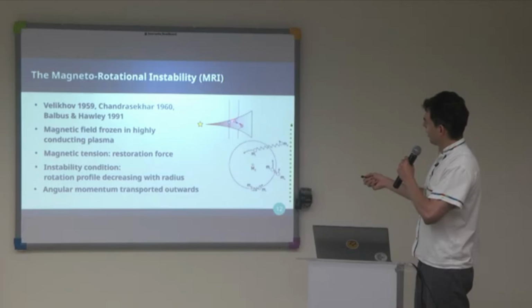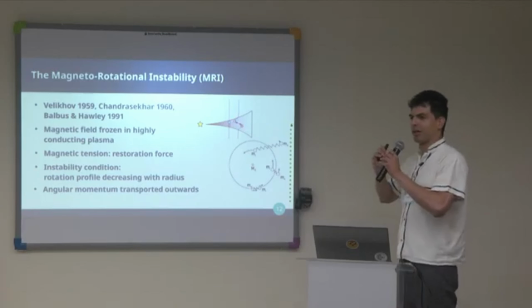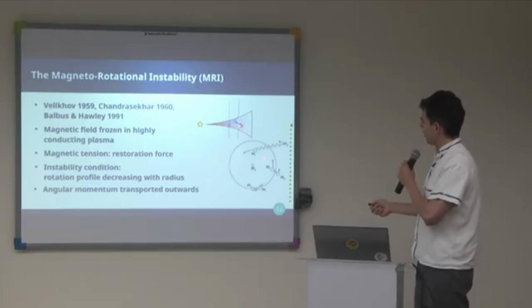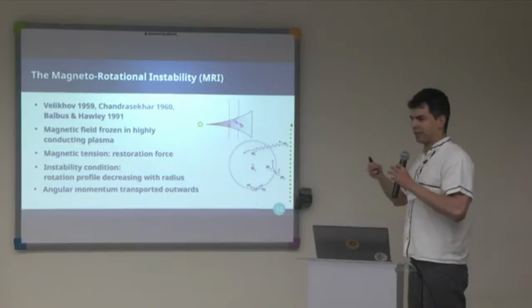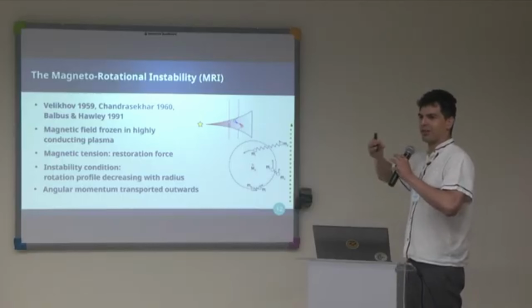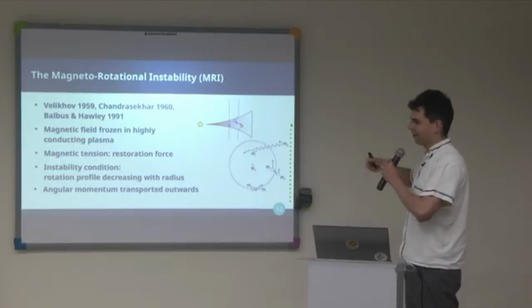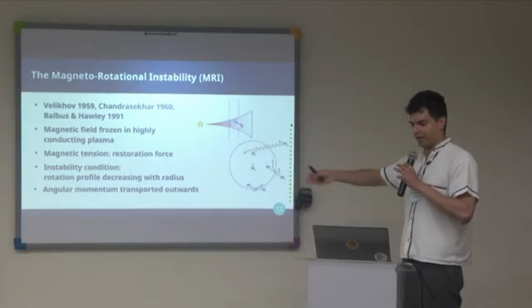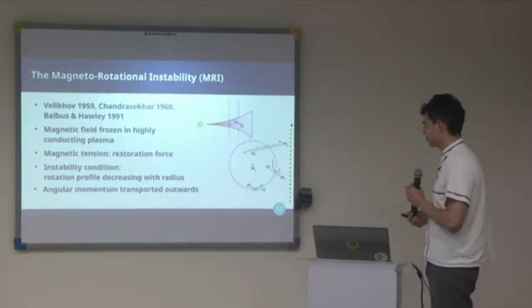So the magnetic field line is in some sense transferring angular momentum from the closer particle to the farther away particle. So, well, this will result in a runaway process, and then eventually all the magnetic field lines will be tangled, and we will have a turbulent flow where angular momentum is flowing outwards.